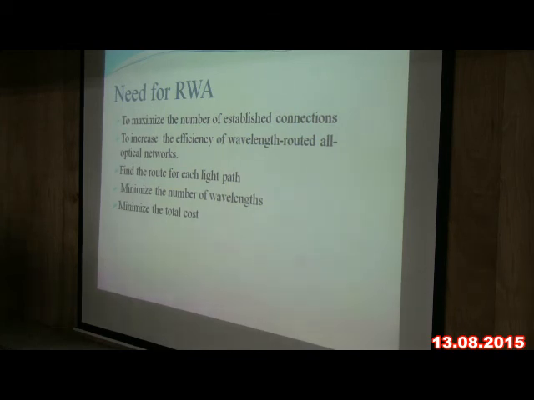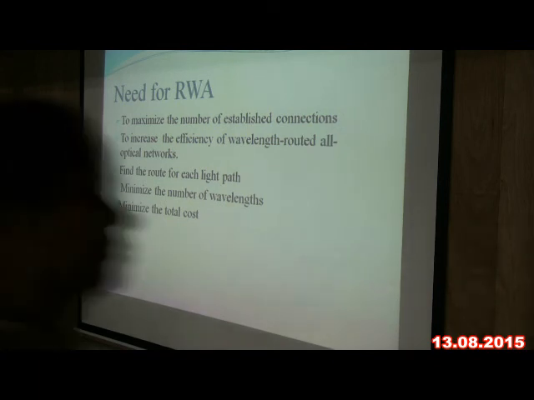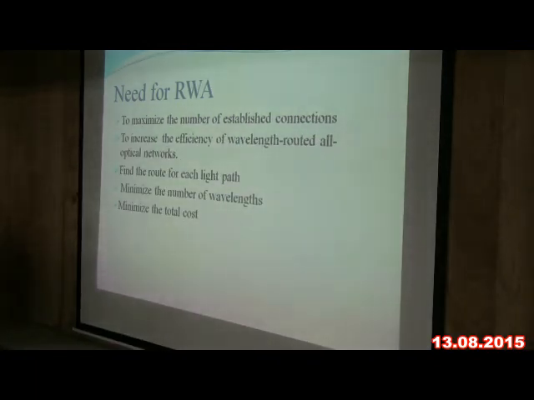Why we go for routing and wavelength assignment is that we are increasing the number. We are fixing the wavelength to that particular link. We are fixing the routing and wavelength.